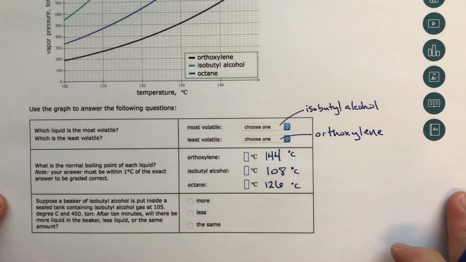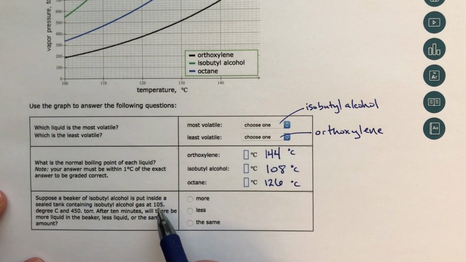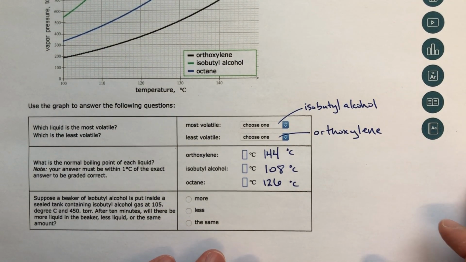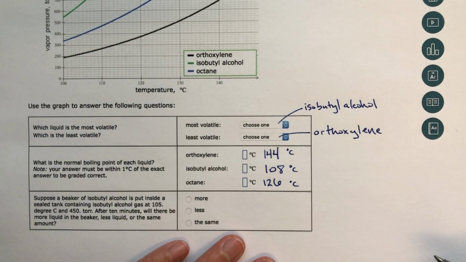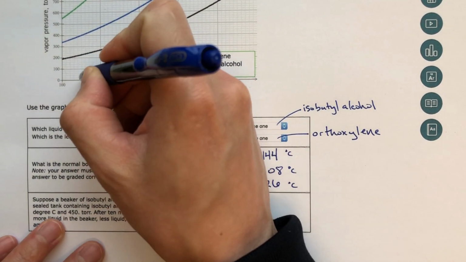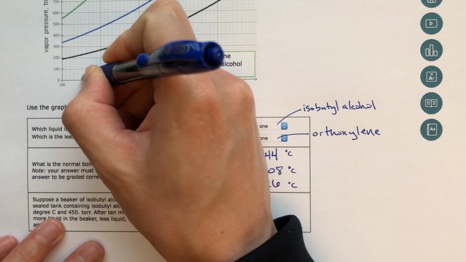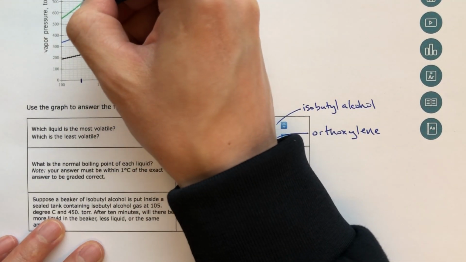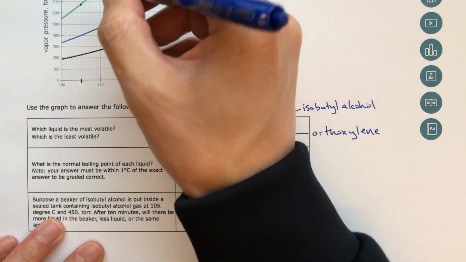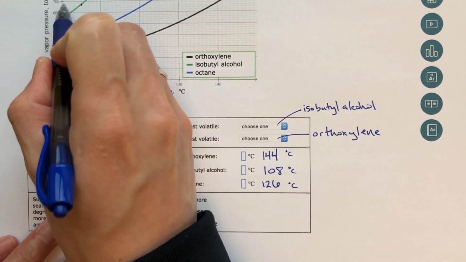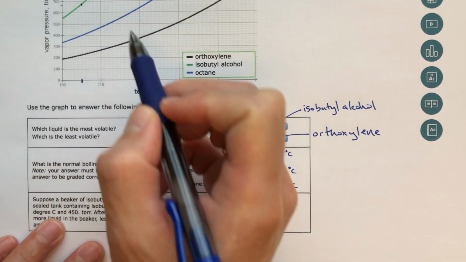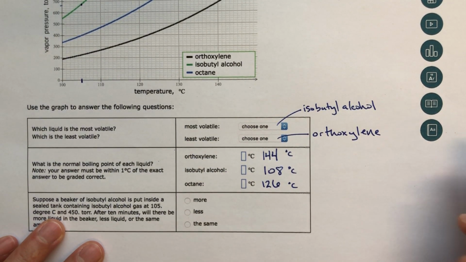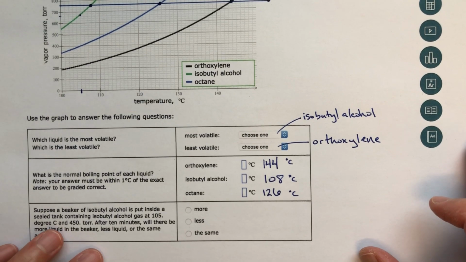Okay, last one here. Suppose a beaker of isobutyl alcohol is put inside a sealed tank containing isobutyl alcohol at 105 degrees Celsius. So 105 is right here, and we're looking for the isobutyl alcohol. If we bring that up, that's going to be right here. At that temperature, our vapor pressure is going to be something like 660 millimeters of mercury, 660 torr.